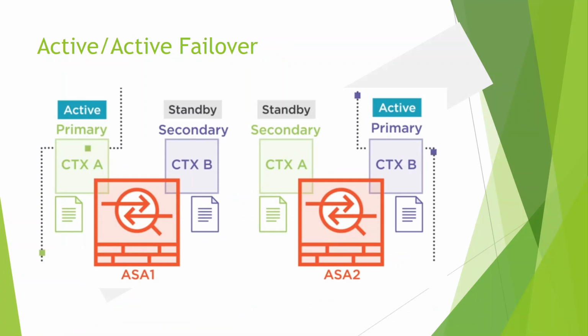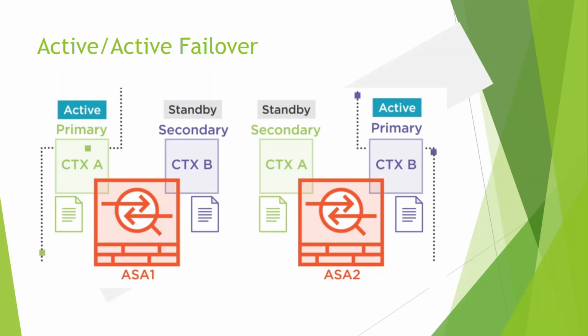It's operating as a primary active device and is replicating its configuration over to CTX-B on ASA1, which is acting as a secondary standby device. So these would be two different independent firewalls processing traffic differently. But what it does is let us do a sort of redundancy load balancing.